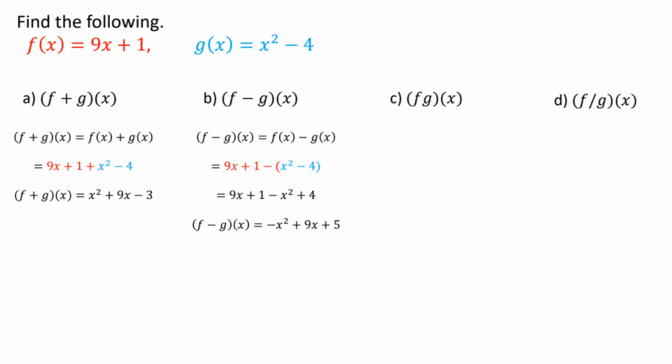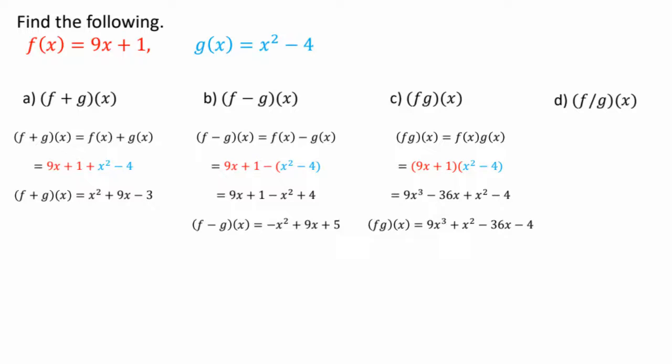So let's look at C. C is a product of two functions, multiplying function f with function g. So again, very similarly, I like to rewrite it as f of x times g of x. And I just now substitute. F of x is 9x plus 1. G of x is x squared minus 4.